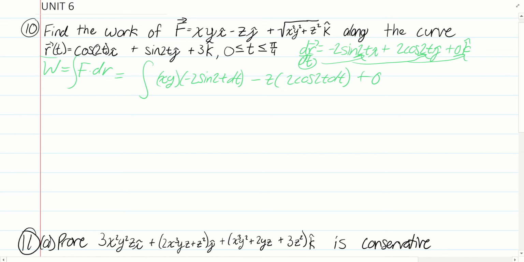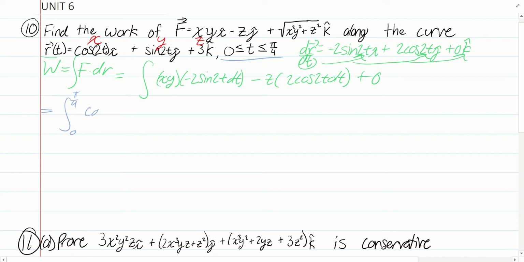Now we need to substitute for the x, y, and z. Your i term is your x, this is y, and this is z. So when we go to solve for this, this would be the integral from 0 to pi over 4, because again, that is our limits. x is cosine 2t, and y is sine 2t.